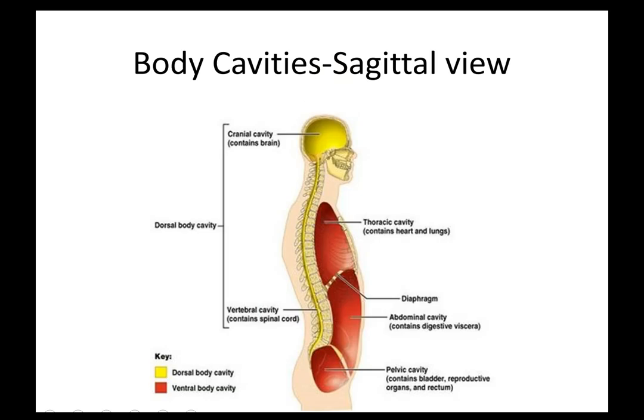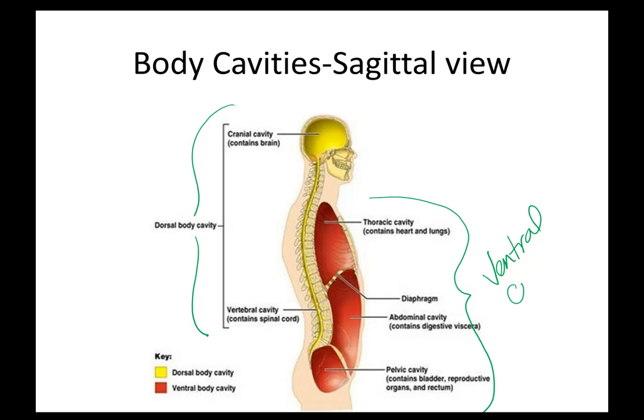Now, the body cavities. We've got two major body cavities. The dorsal cavity, and up here in pink is the ventral cavity. Remember what I said about terms being interchangeable? So dorsal could also mean posterior.